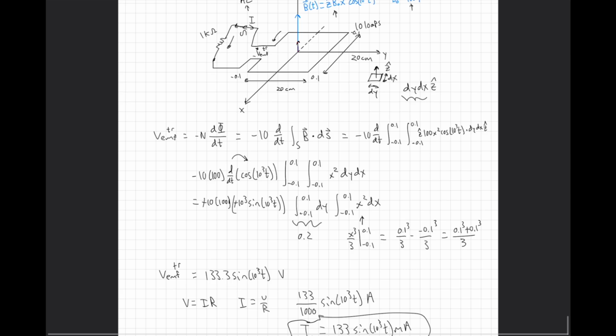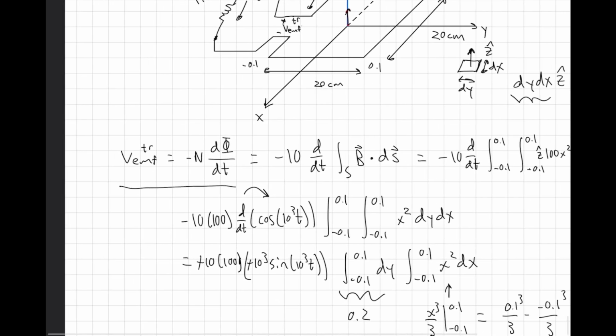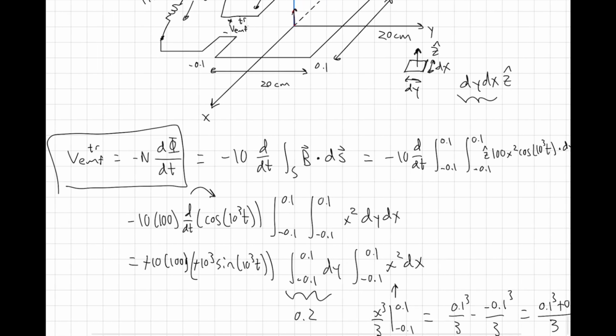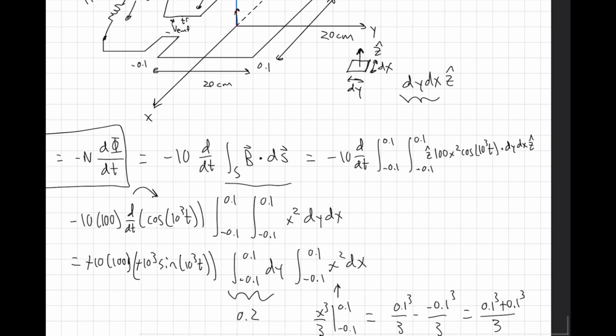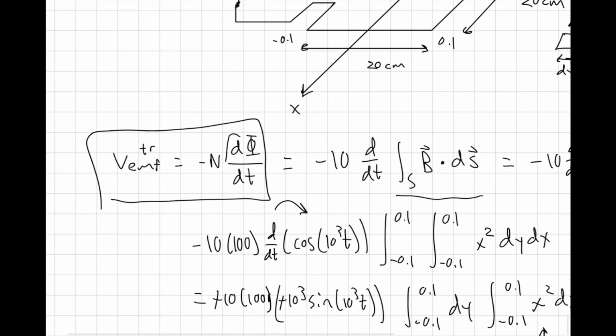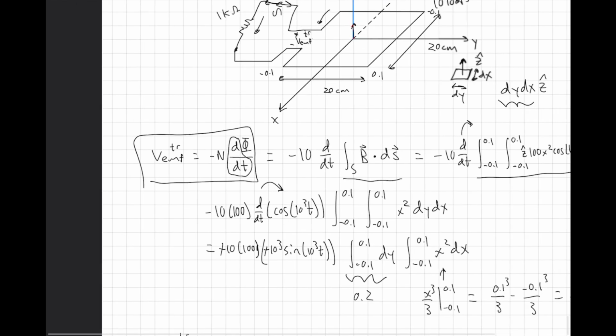So that's pretty much how we tackle a problem like this. Hope that was helpful in explaining the process. Main steps here are to identify our fundamental equation, plug values in, and evaluate surface integrals. The d over dt is coming from here. We're doing the time derivative of the flux.